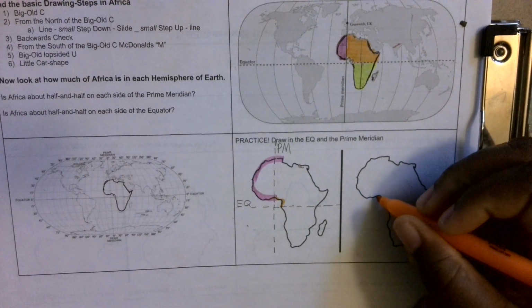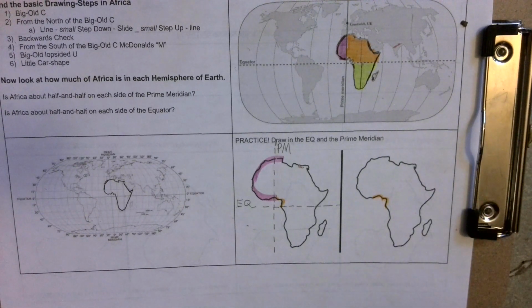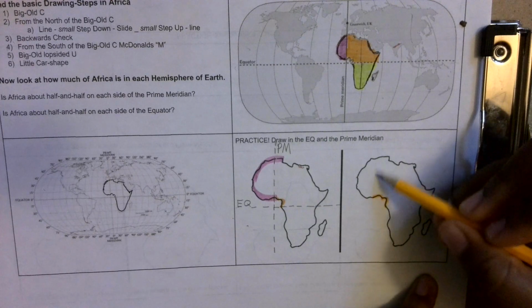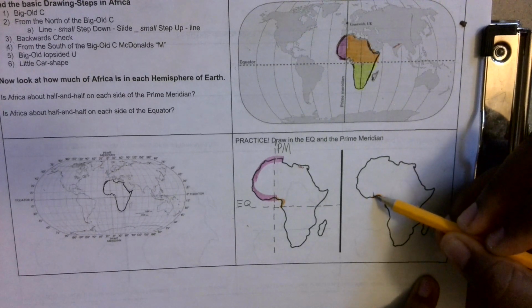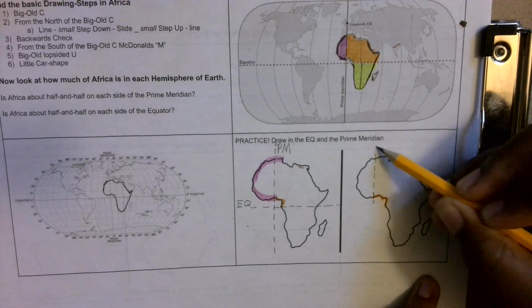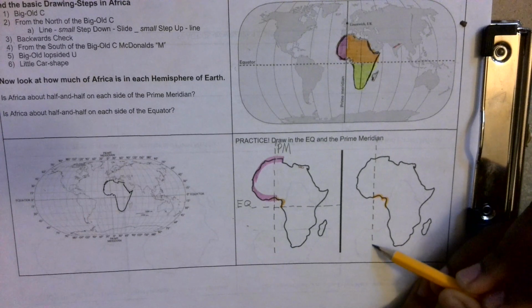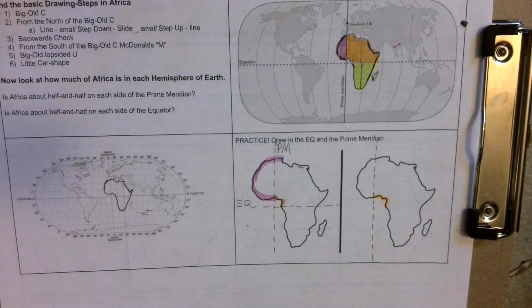I find the McDonald's M. I can dash in my prime meridian right around there. There's the prime meridian. And then the equator.